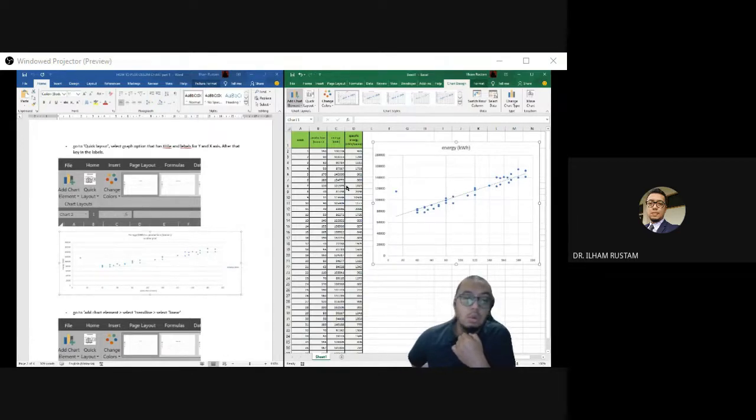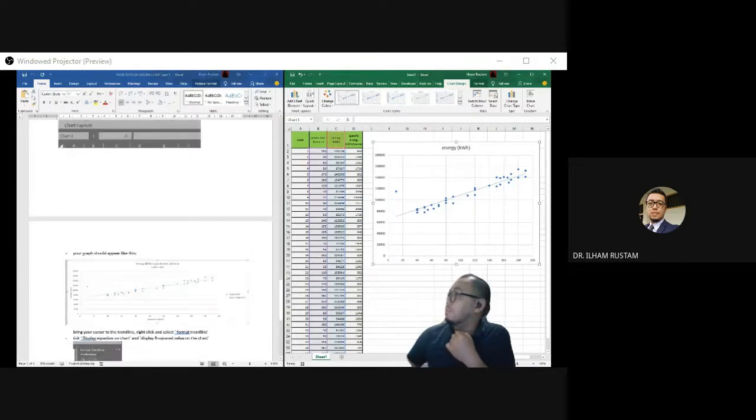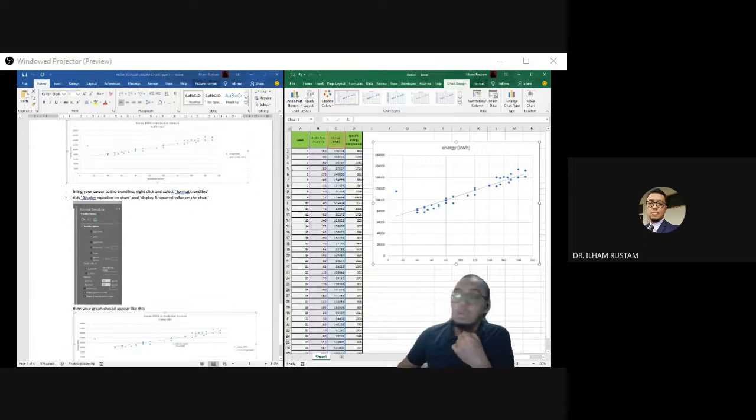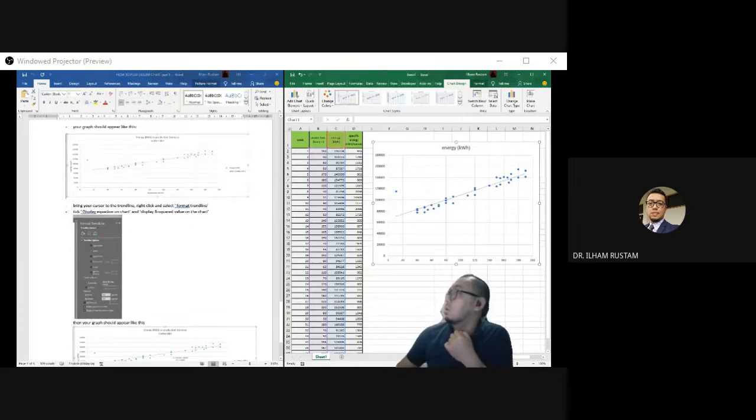We are just trying to figure out the best approximation of energy consumption for the organization. So just use linear. Once you have that, select the trend line that has just been approximated, right click on it, and then click format trend line.